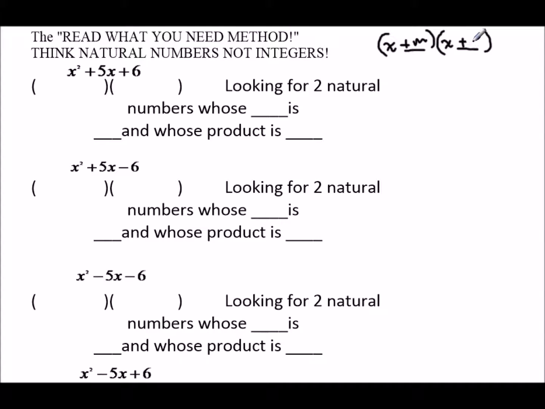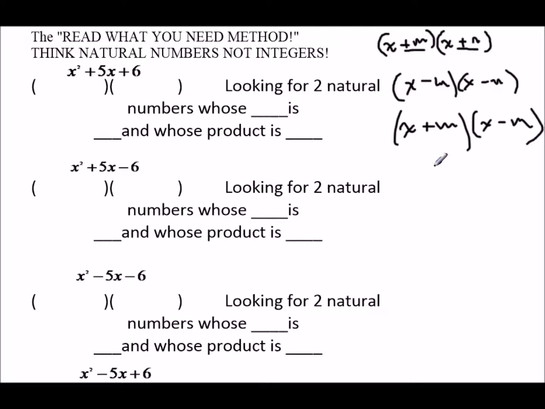I don't care what number it is. And then you could have two minuses and some number, x minus some number. Or you could have one of each. You could have x plus some number and x minus some number. Or you could have x minus some number times x plus some number.